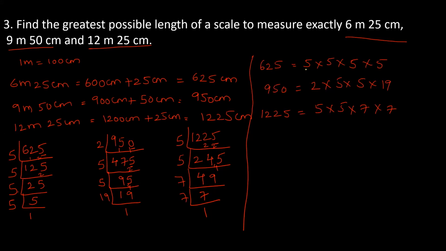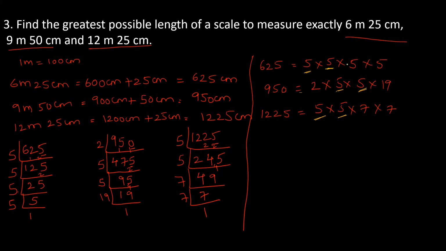In the prime factors of 625, 5 is there. In the prime factors of 950, 5 is also there. And in the prime factors of 1225, 5 is also there. This is common. And again, in 625, 5 is there, in 950 also 5, and in 1225 also 5 is common.